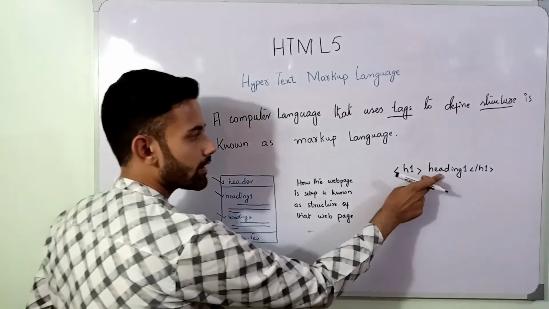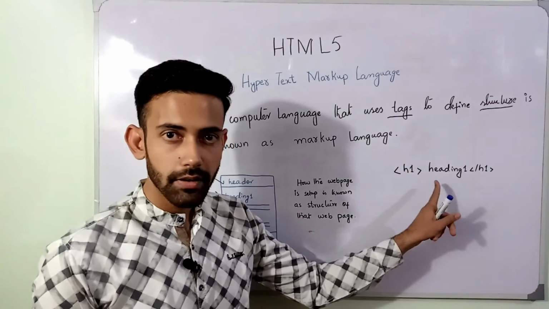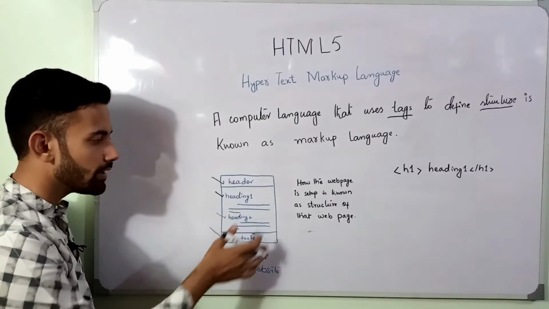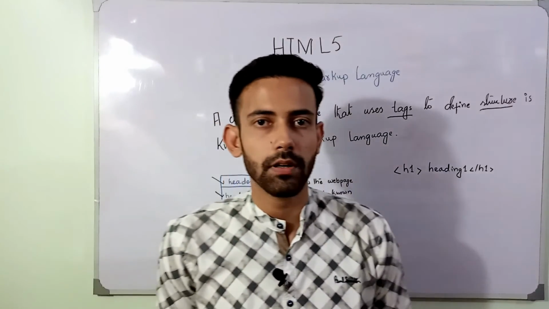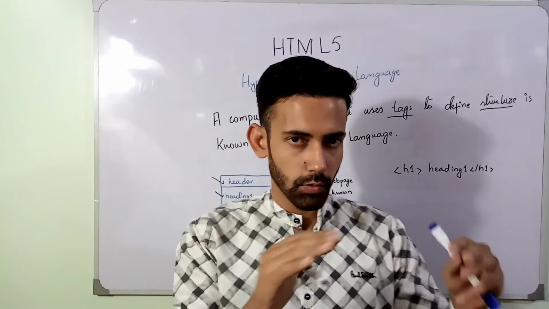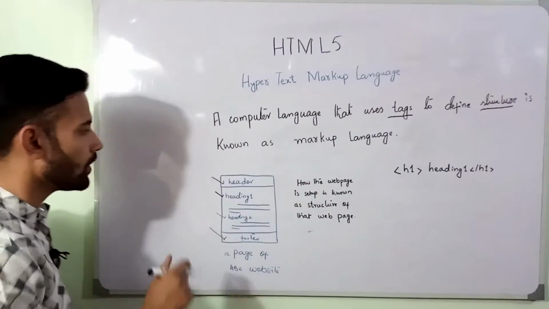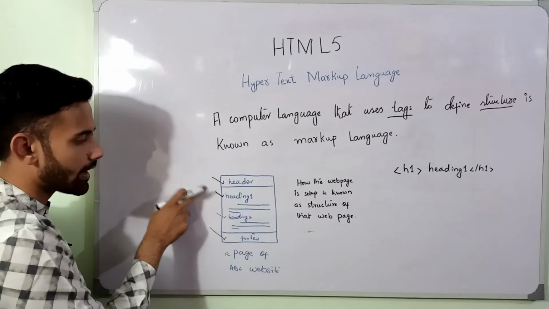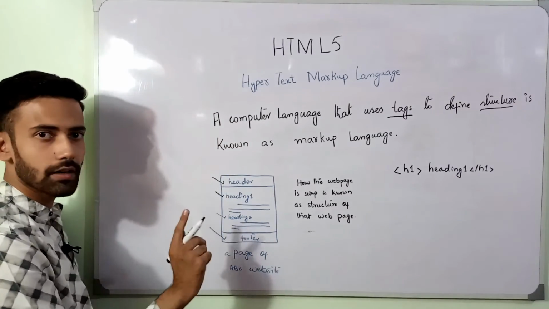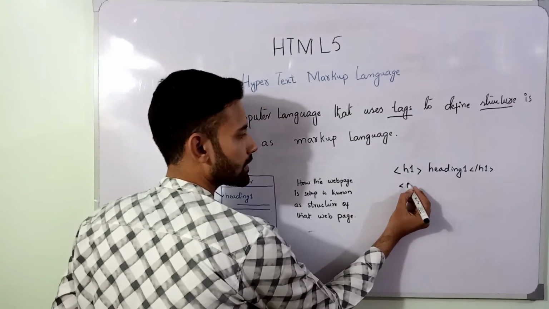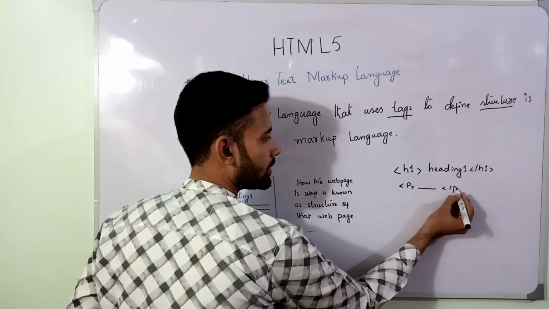That is, this part will be treated by the browser as a heading, and the browser will display this as heading. So we are creating the structure like this part is heading, this is a paragraph. Like you have seen in the newspaper, there is a top heading and then the next line is a paragraph section. So exactly like here we say that this is a heading and this is a paragraph, this is again heading. So if I want to specify this paragraph, I can just say P, this is some paragraph, and then it ends.